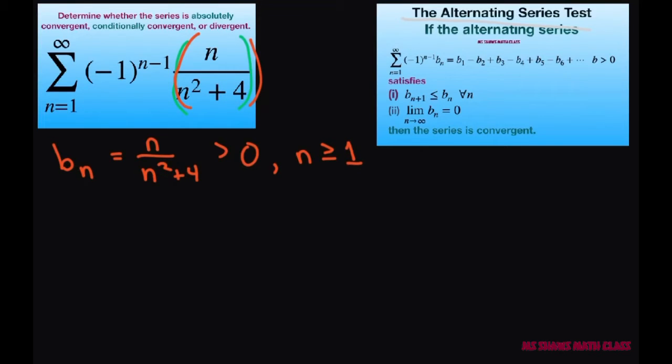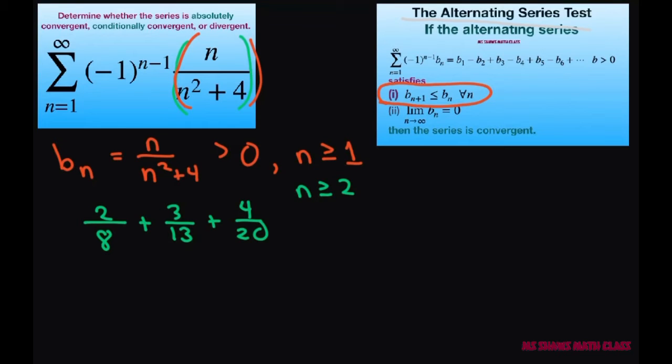Now, we need to see if this part right here holds, part 1. That means my b has to be decreasing, and we're going to start for n greater than or equal to 2. If I substitute in 2, I get 2 divided by 8, substituting in 3, I get 3 divided by 13, and substituting in 4, you get 4 divided by 20.